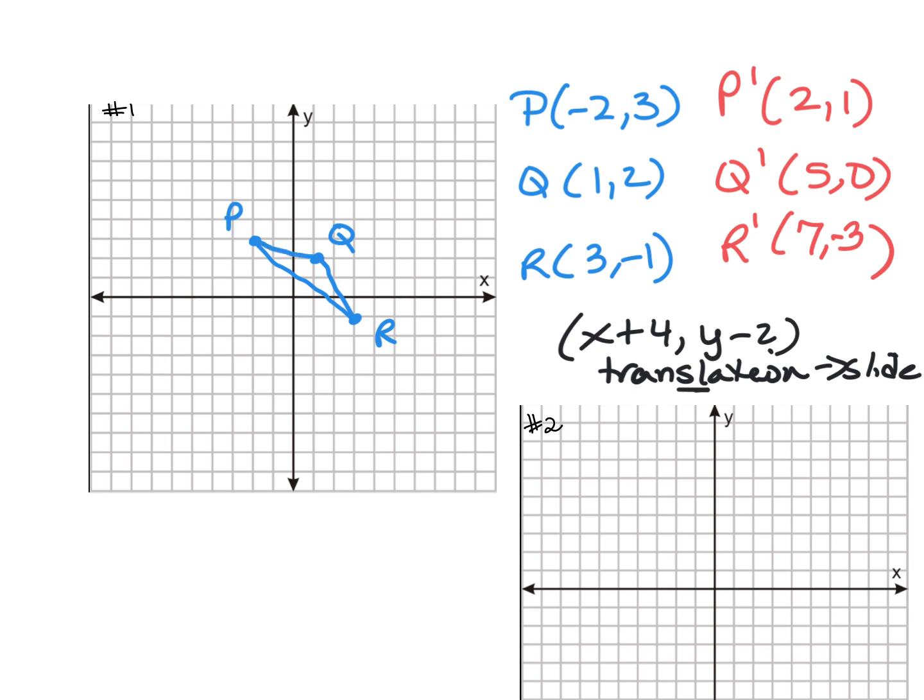And now the new one, positive 2, positive 1. That's my new P. And then my new Q is 5, 0. So 1, 2, 3, 4, 5. And my new R is 7, negative 3.